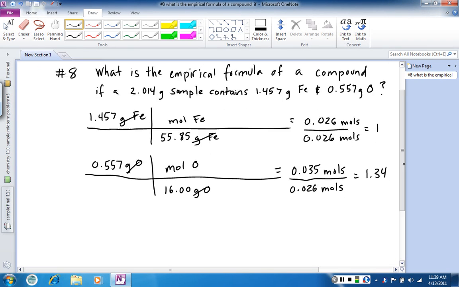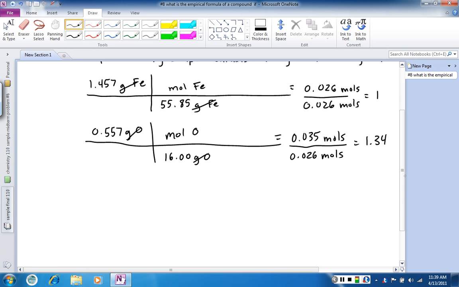Now you can't say you got 1.34 for a subscript, so you need to figure out what integer you can multiply it by to get a whole number. If you multiply it by 2, you end up with 2.68, which is still not what you need.